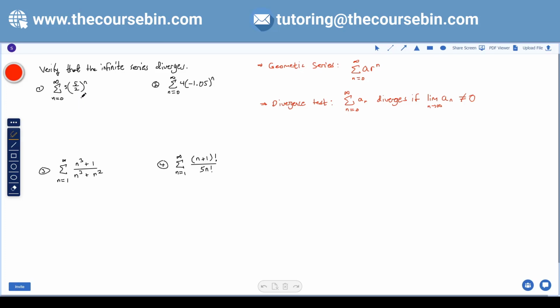So straight from there, I see what the common ratio is, so this is my r. And I see what my first term is, that's my a. Now that I know a and r, the question is: is this geometric series convergent or divergent?